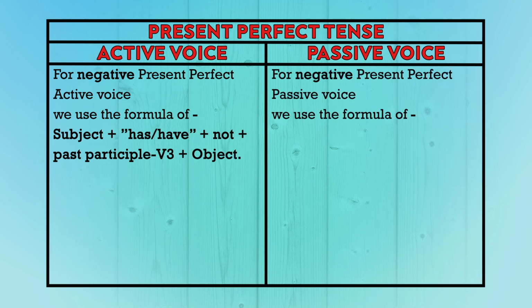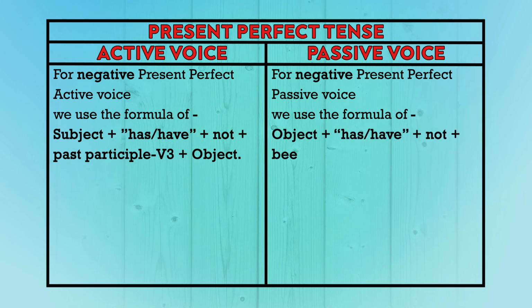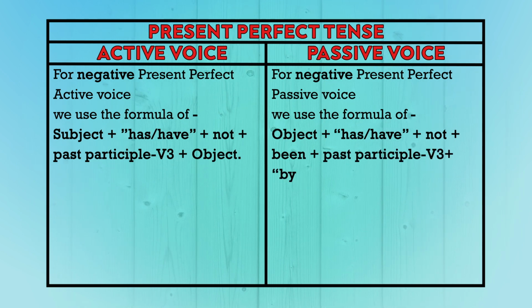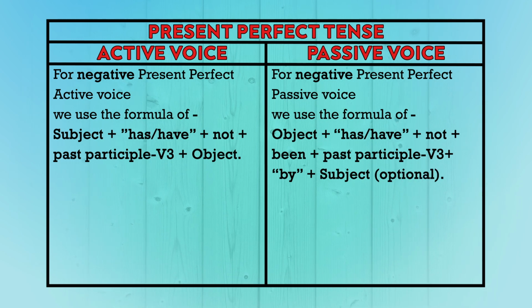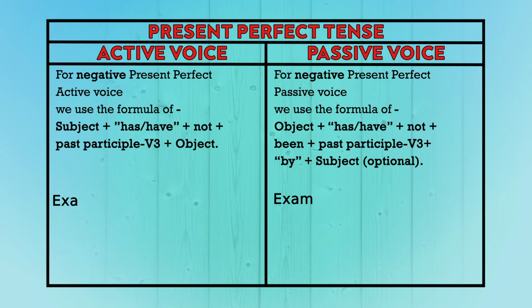So, when we change it, it is the object plus have or has plus not plus been plus third form of the verb plus by plus the subject. Okay, now let us look into some examples on the screen.